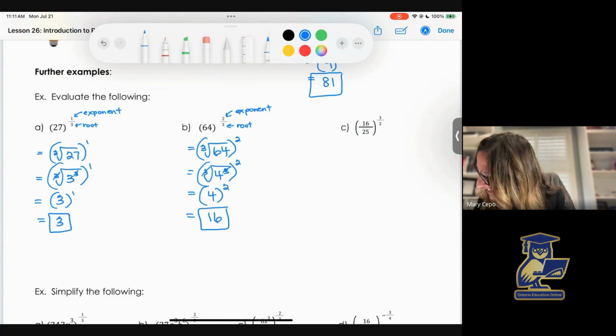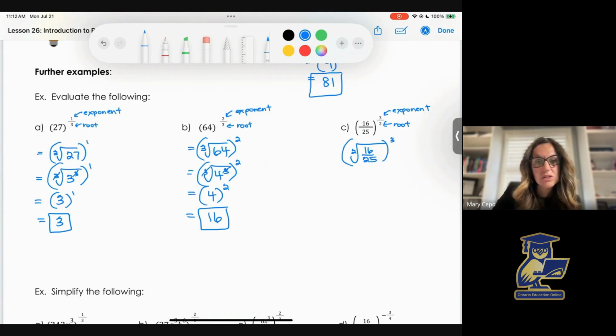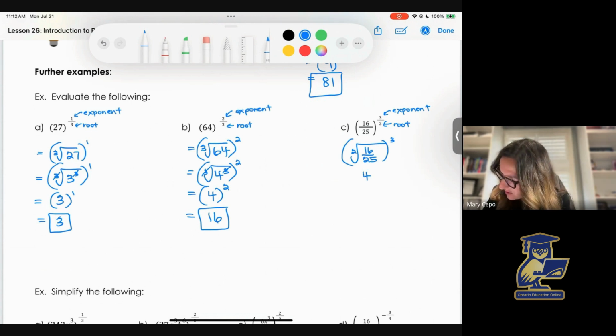Okay, again, this is my root of 2, and then we have the exponent of 3. So we're going to take the square root of 16 over 25, all to the power of 3. Now, again, some of you are like, Miss, I don't need to express that. That's fine. We know the square root of 16 is 4, because 4 squared is 16. The square root of 25 is 5, because 5 squared is 25, all to the power of 3.